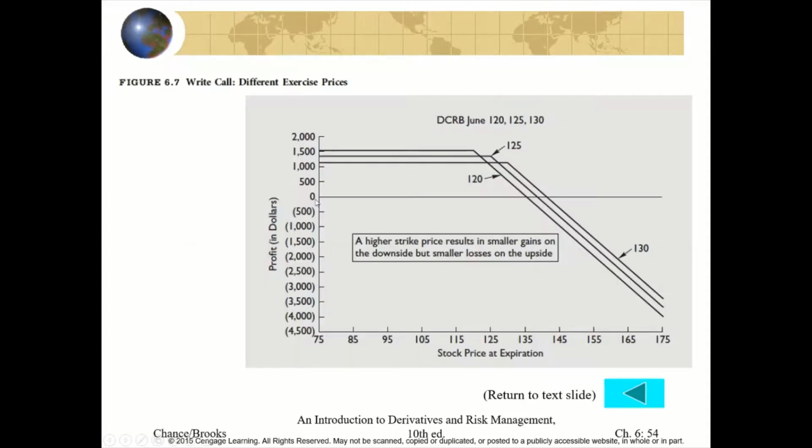If we quickly want to examine the effect of different exercise prices, or strike prices, we will notice that the option with the lowest strike price will always result in the highest gain. This is logical because I'm the one receiving the premium. So if I short an option with a strike price of 120, I receive the highest premium among the other 2 options. If the option expired out of the money, I'm going to keep the premium in my pocket.